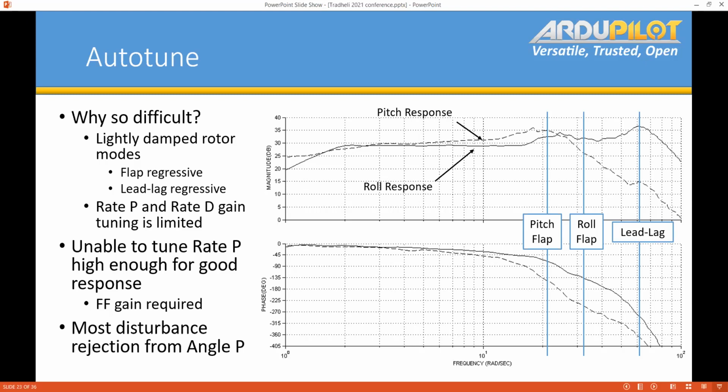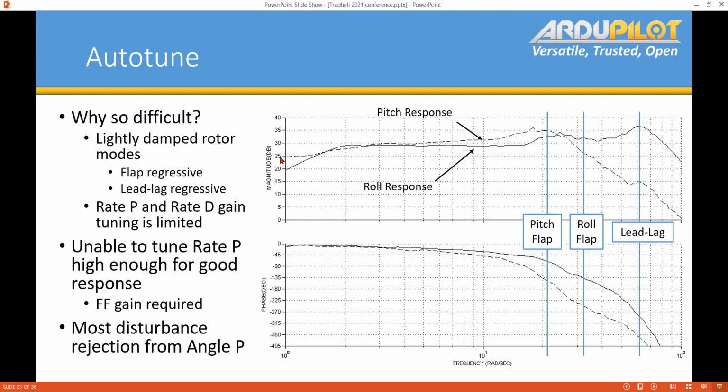Well, if you look at the plots over here, this is a frequency domain look at the response of the aircraft. On the x-axis, you have the frequency in radians per second. On the y-axis for the top plot, it's magnitude.